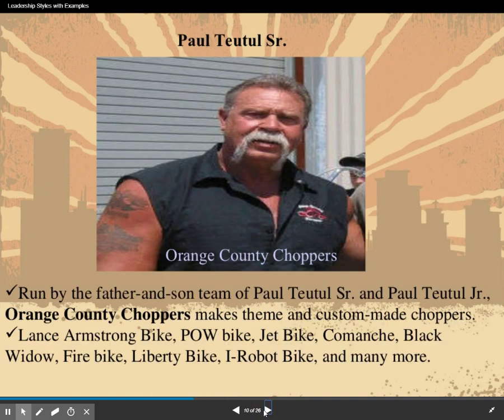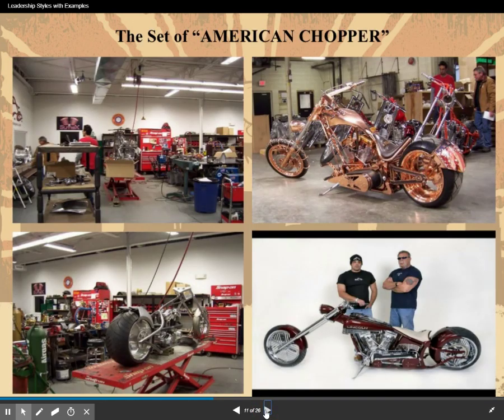So one of the things that, if you ever watched Orange County Choppers, or Pawn Stars or things like that, they tend to have a bureaucratic leadership, because the parent in that is basically constantly telling the children what to do: it's the way I say, this is how we do it. We don't veer from the assigned way.